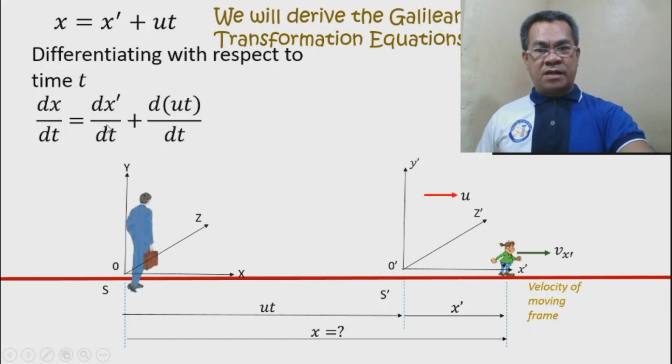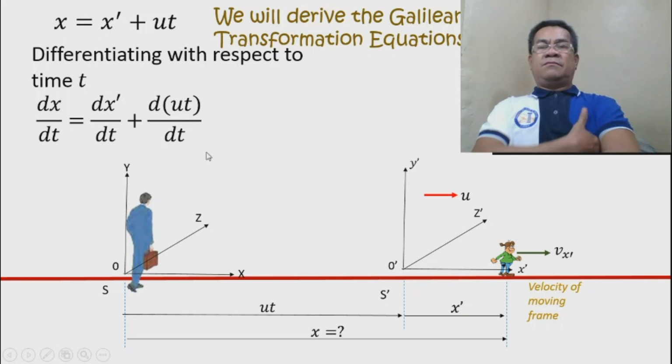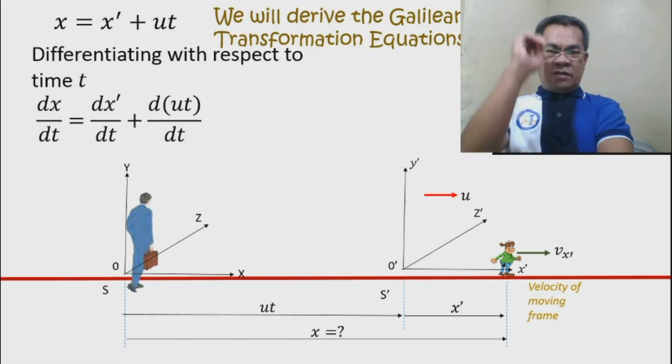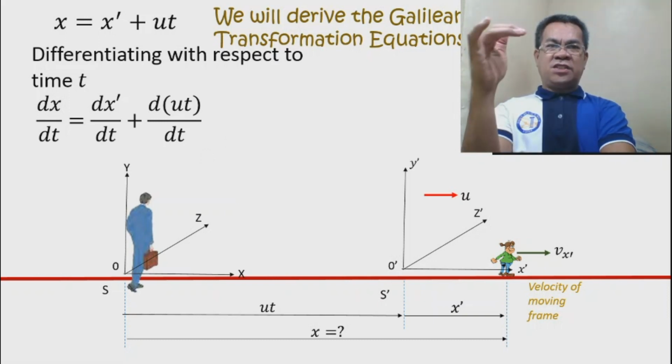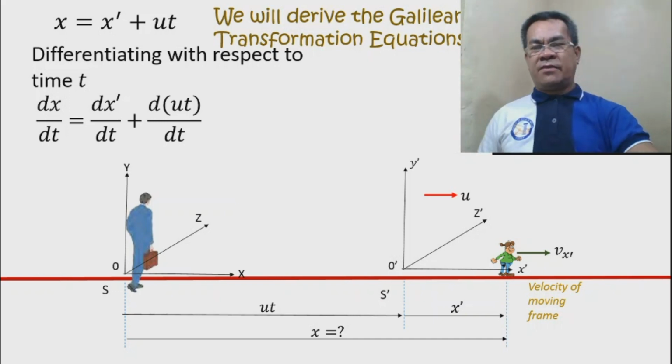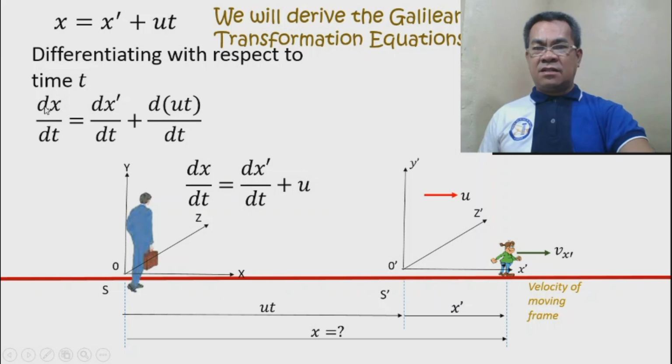The derivative of ut with respect to t, since u is constant, is simply u, using our rules of differentiation.